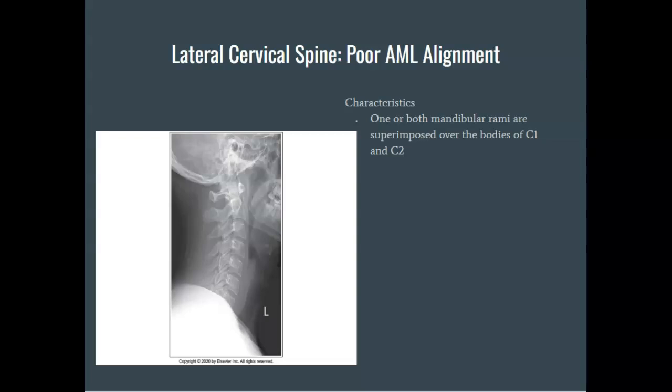And so therefore you will need to repeat this image because there should be no superimposition. Basically, the chin should be parallel, or the mandible should be parallel with the floor in order to ensure correct positioning.